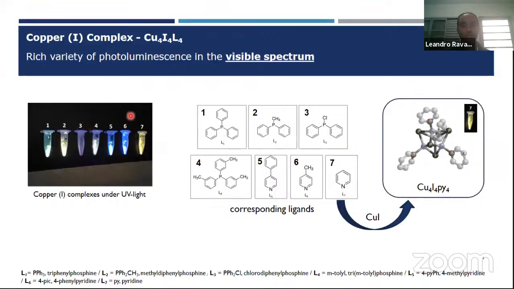For example, the combination of ligand 7, pyridine, and copper iodide forms the tetranuclear copper complex. There are 4 copper atoms in the center, forming the inorganic cluster around the organic pyridine molecule.